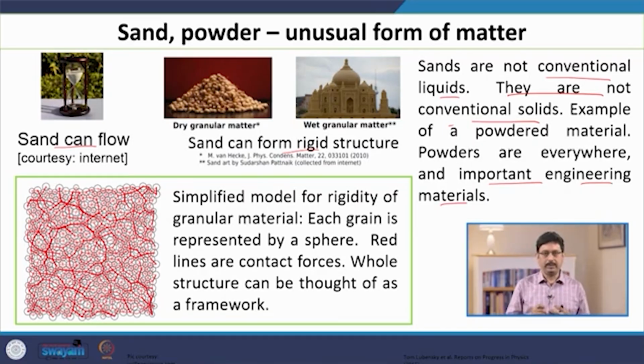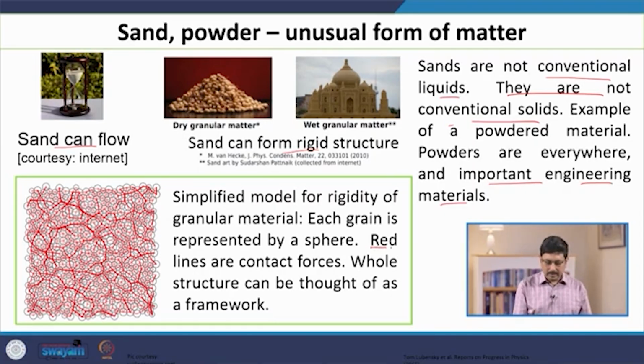Because of these interesting properties, they are also very interesting for physicists to study. And in this case, the method that we learned about truss or framework has an analogy. What I show here is a simplified model of a granular material. Think of each grain like a sand; different grains have different shapes. Here each grain is represented by the same shape, they are all spheres, or let us say if you think 2D, they are all discs.